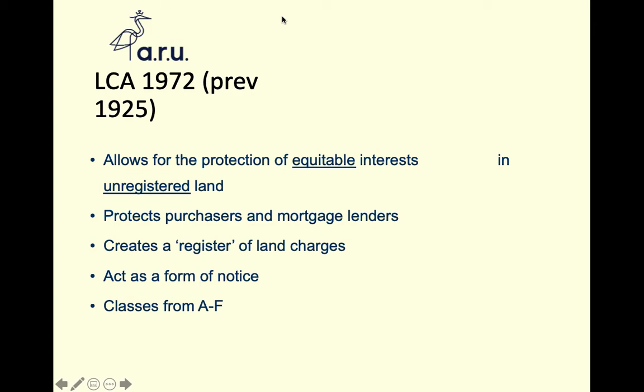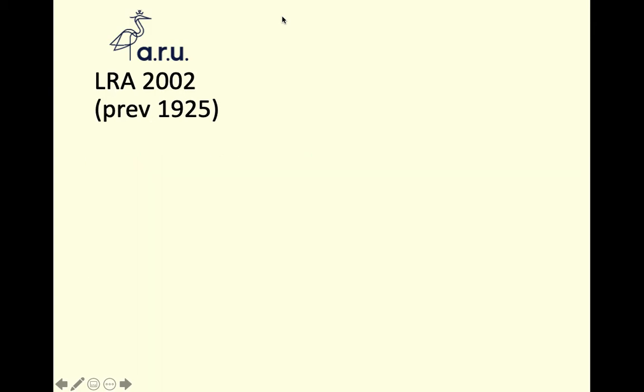It's important for your own knowledge, and some of the textbooks deal with this situation where people could protect themselves by appearing as a charge. We're, however, going to focus on registered land itself.